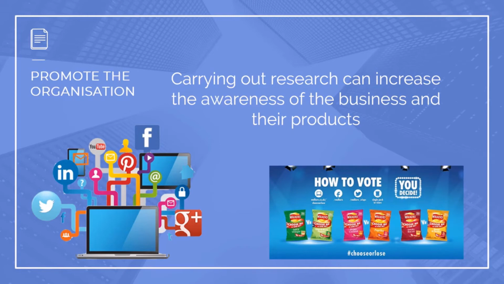So for the example on this slide, we're talking about Walker's Crisps, and they did a little campaign called Choose or Lose. And that's where they basically put flavors up against each other and you had to choose which one to vote for. So this is a way of researching to see what the favorite flavors are, but it's also raising awareness of your products. And by using the hashtag choose or lose, it went viral and obviously gained a lot of awareness for the brand.